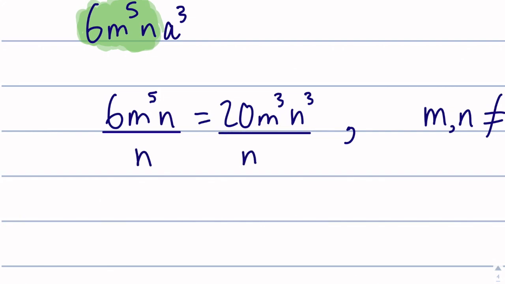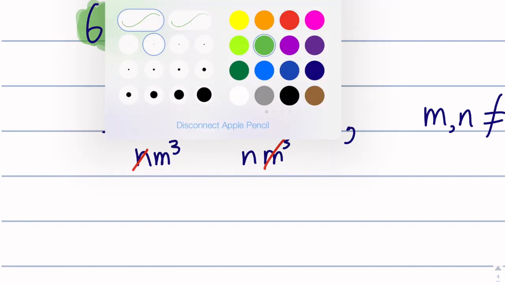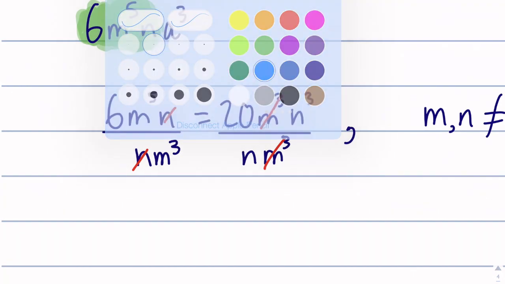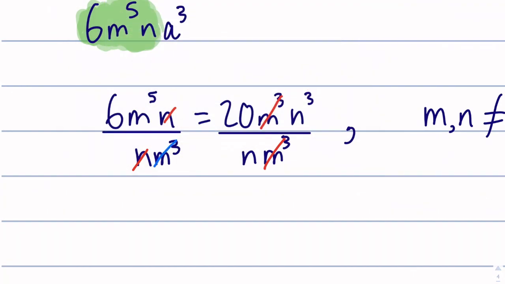And I'm also going to divide by m to the 3. So on the left hand side, my n's cancel out. On the right hand side, my m to the 3's cancel out. I've also got, I'll do this in a different colour, my m to the 5 and m to the 3, that becomes 2. And my n to the 3 and my n, that becomes 2. So I've got 6m squared equals 20n squared.